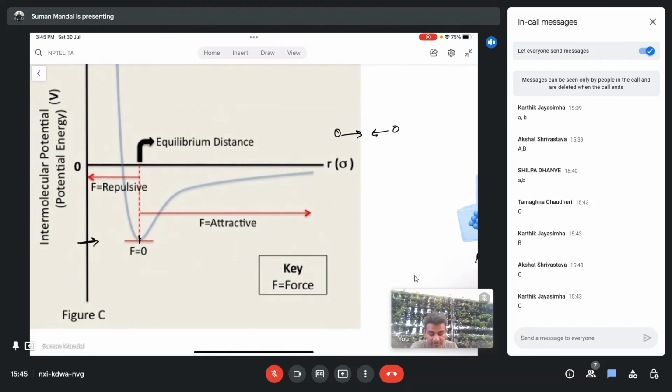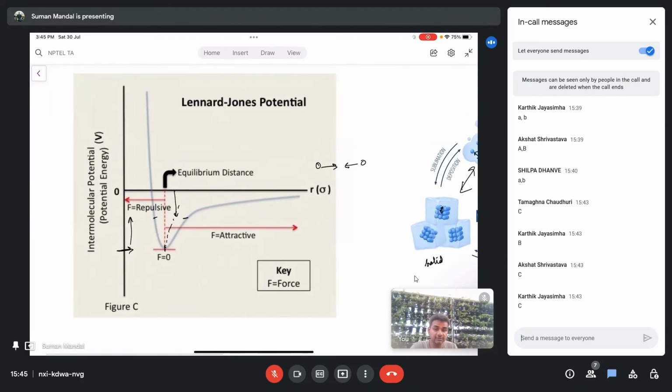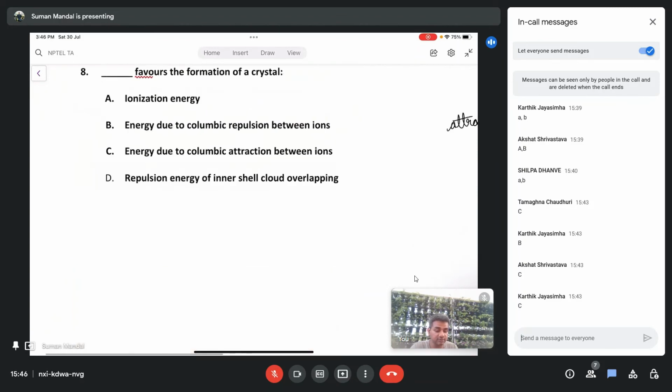And if you heat it up to higher temperatures, the separation between the atoms will increase. The mean position will be something like this, let's say. And in this case, the interaction between the atoms will be very different and maybe very loose also, and therefore they can move away from each other and it can be in the gas state. The reason for this attraction is Coulombic in nature, because all these atoms are charged species. So the answer is C.